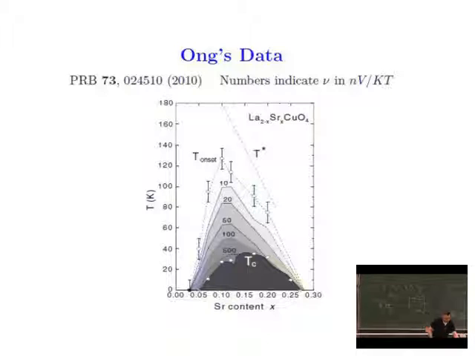So one simplifying assumption we can make, and it will be relevant to what we're going to do, is just to assume that we have some particle-hole symmetry. Okay? So if you're imagining that you're going to try and describe some Lorentz invariant situation where particles and holes appear on an equal footing, or particles and antiparticles, then we can cross out this sigma xy term, okay, which is basically saying the Hall effect vanishes because if you've got particles and holes moving under the action of an applied electric field, then they're going to move in opposite directions, okay?